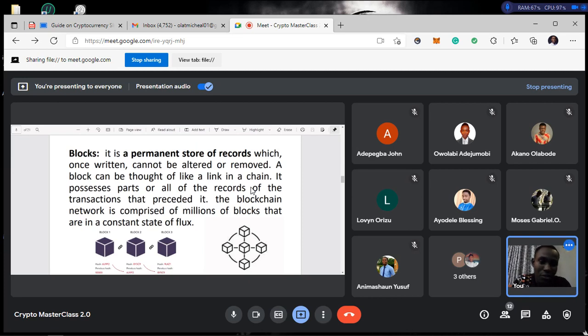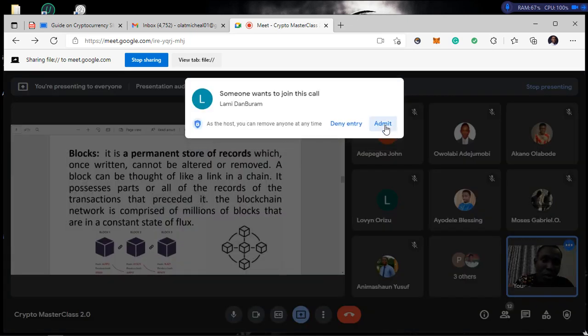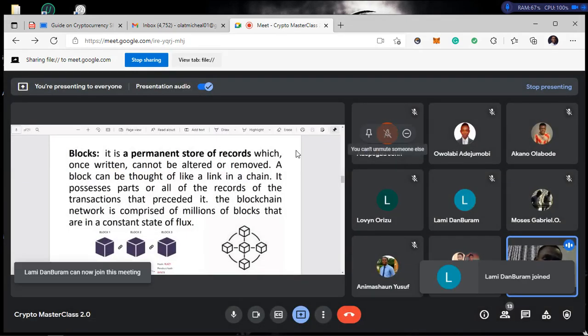So you can see that process is highly tedious and you just forget about it. You don't need to bother yourself because once the block has been created, you can't do anything about it. If you want to alter any block, you have to start from the back and start changing till you get to that particular block you want to change.